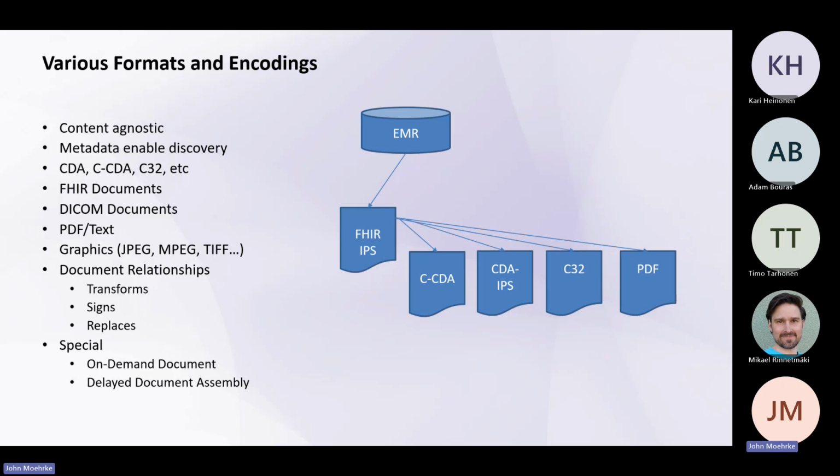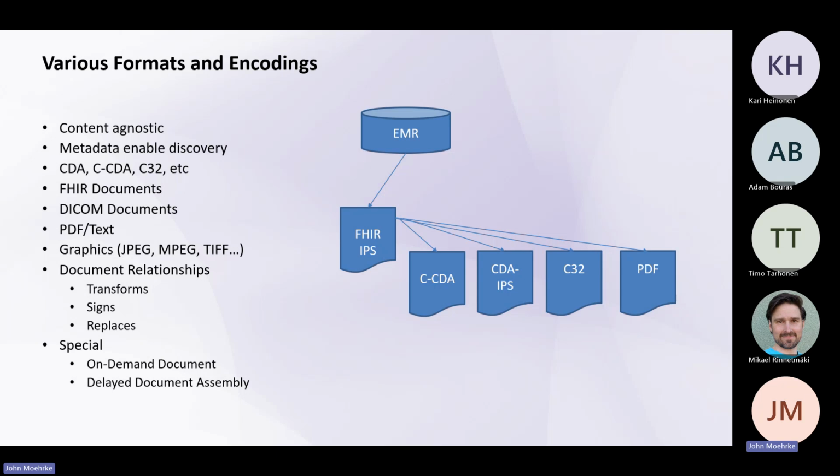There's also a transforms relationship, and the blue diagram is kind of showing that. In this case, the EMR is publishing primarily a FHIR IPS, but it is also publishing a transform of that into CDA IPS, into PDF. So these 4 boxes on the right are in a transforms relationship with the primary.